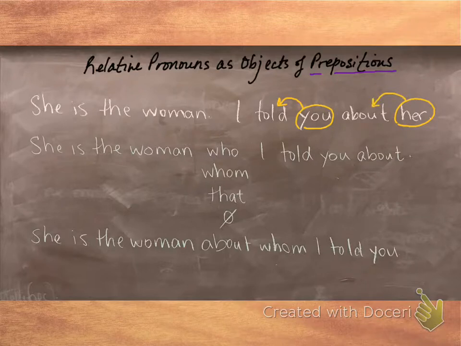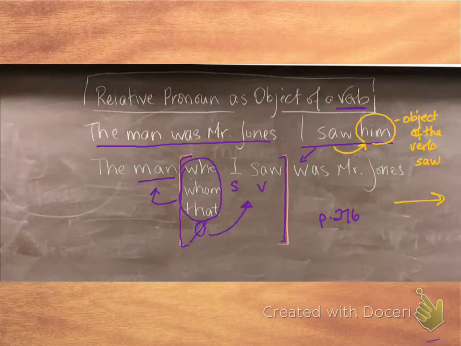So when we create an adjective clause that combines these two ideas, this is how we do it. She is the woman who I told you about. So notice that word about can hang out at the end of the sentence. And then our choices for pronouns are exactly the same as the previous board. Okay, let's hop back.